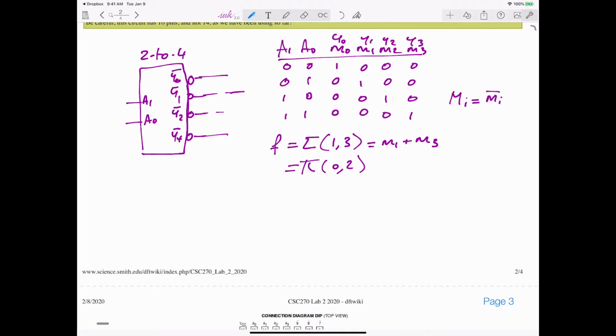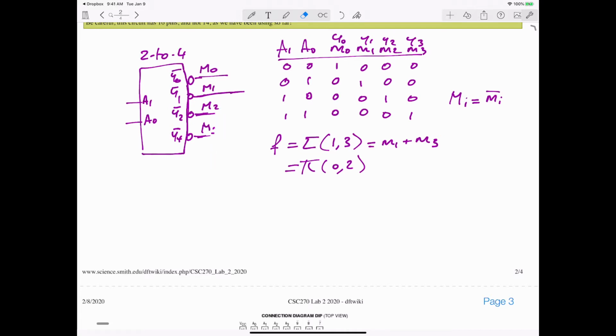It's the opposite. So what we have here is maxterm 0, maxterm 1, maxterm 2, maxterm 3, and these are the opposites of minterm 0, 1, 2, 3, because we've inverted the output. So if I want to express my function now, it should be the product of maxterm 0 and 2.